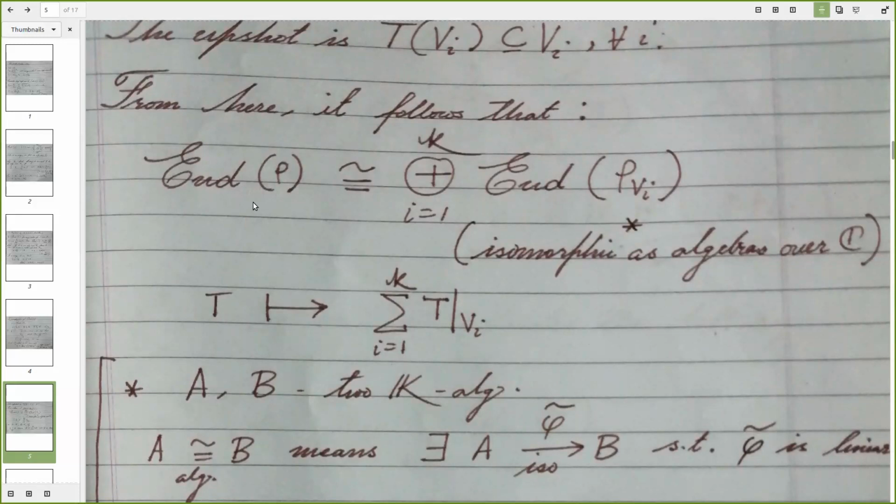Equivalently, suppose I have a G-invariant linear map on each Vi, then their sum is going to be a G-invariant linear map on V. So this is the isomorphism under consideration, that each t is written as the sum of the restrictions to the Vi's. And one more thing, this isomorphism is an isomorphism between algebras over C.